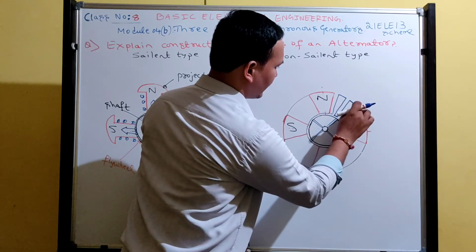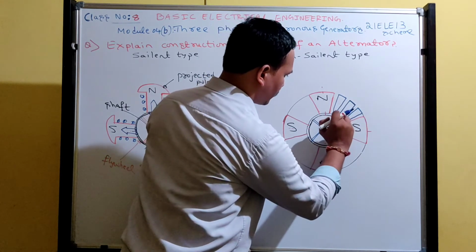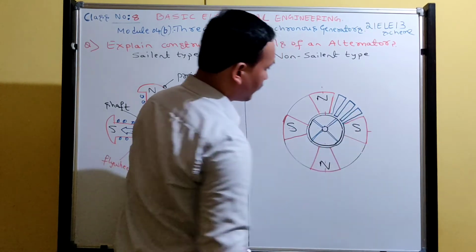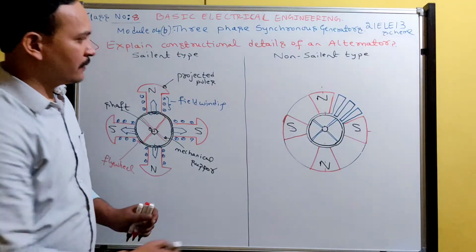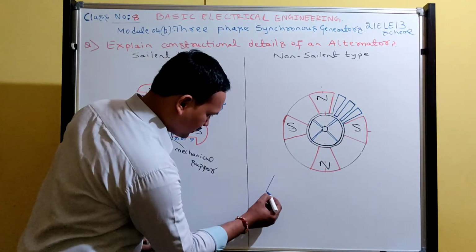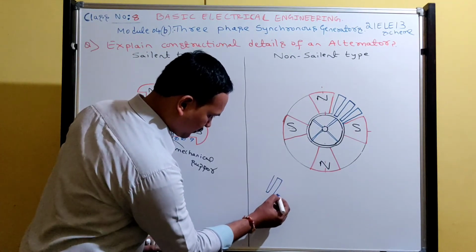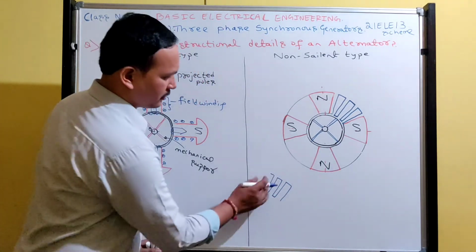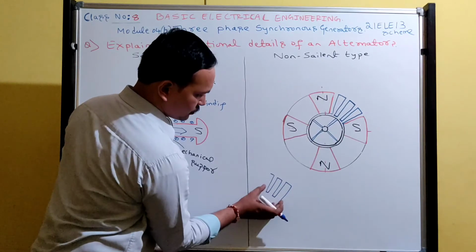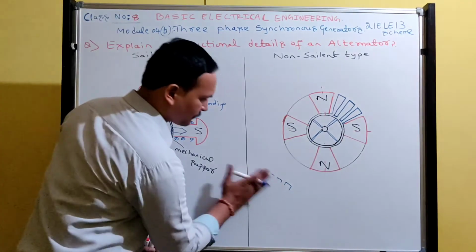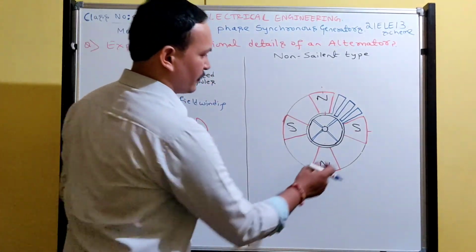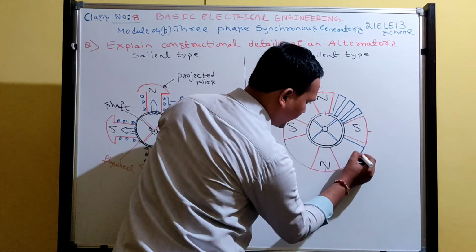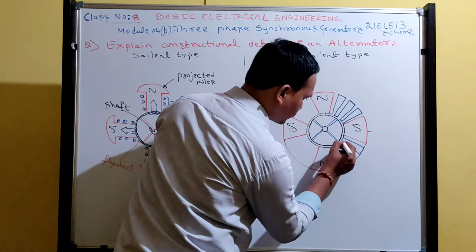It should look like slots. How is it looking now? You should write in such a way like this. Between this and this you should fill like this. Now I am going to write this side. Maximum I am going to write 3 slots.